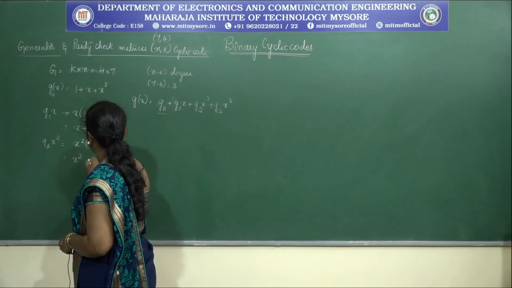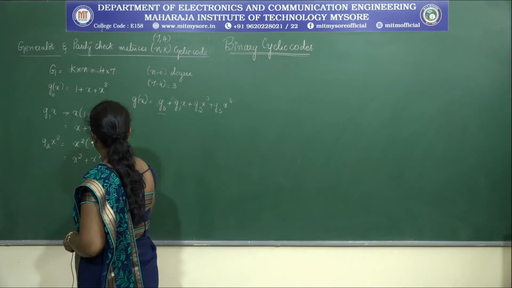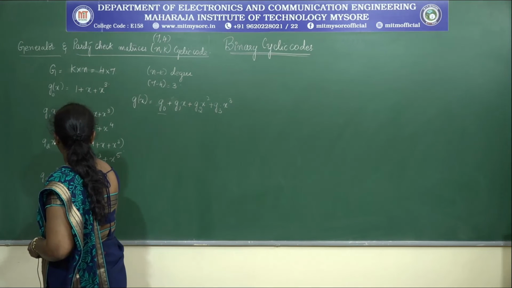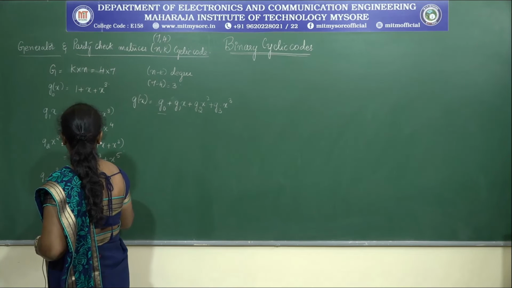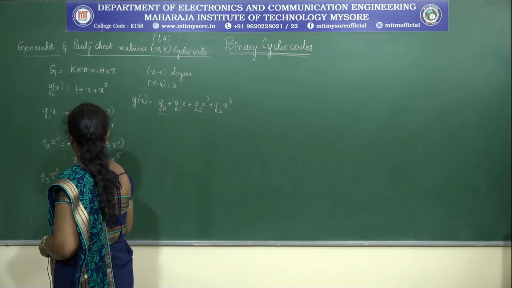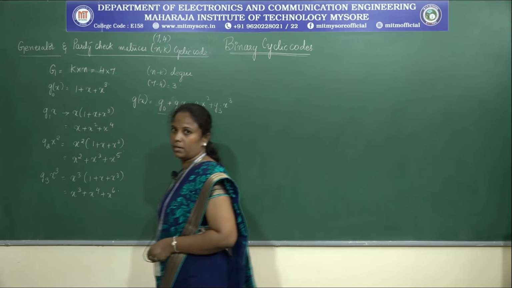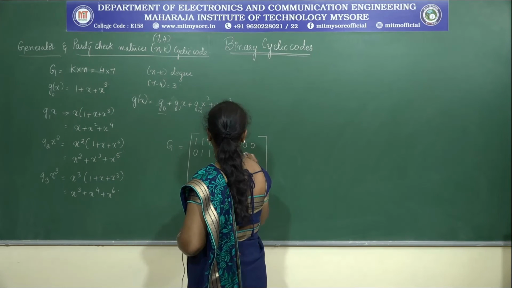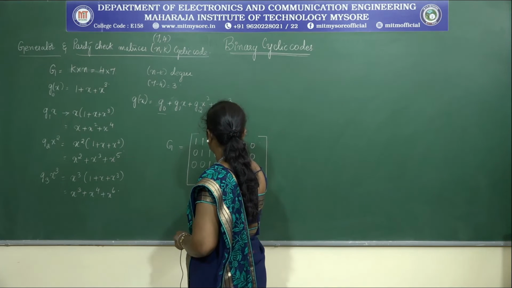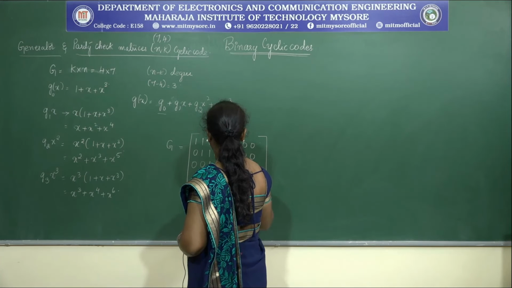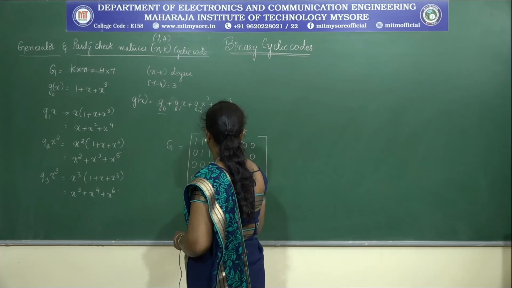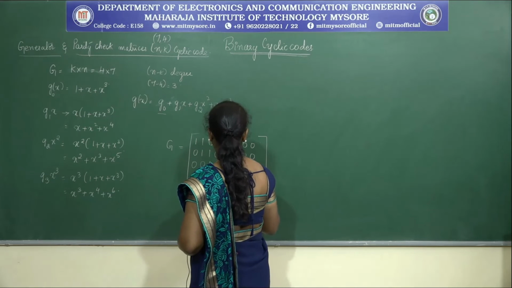So this will be x square plus x to the power of 3 plus x to the power of 5. Then we have g3 into x to the power of 3, which is x to the power of 3 into 1 plus x to the power of 3, which is equal to x power 3 plus x to the power of 4 plus x to the power of 6. So the rows are x3, x4, x5, x6, and so on.